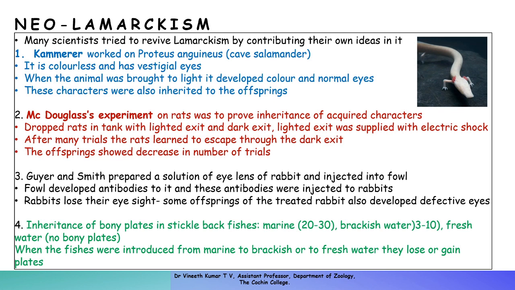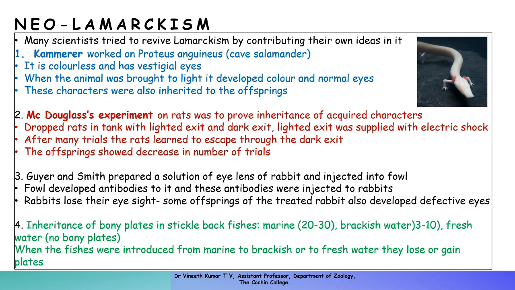So mostly they will be like albinos with no color, and they will not have vision, because having eyes in darkness is just a waste. As a result, they have degenerated vision. This is the only salamander which lives in caves in Europe, and they are colorless and have vestigial eyes.